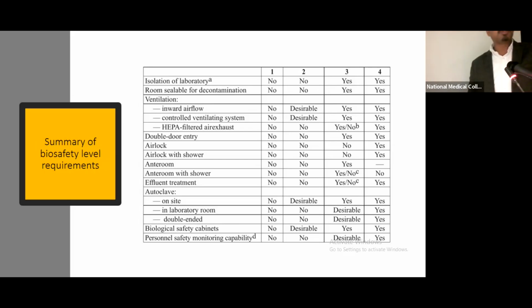An autoclave should also be available on site. It is not that you send it to a central department for autoclaving. Biosafety cabinets to work in should be there, and personal safety monitoring capability should be there. So in biosafety level 4, all these criteria should be met. According to the organism being dealt with, the biosafety level requirements vary.